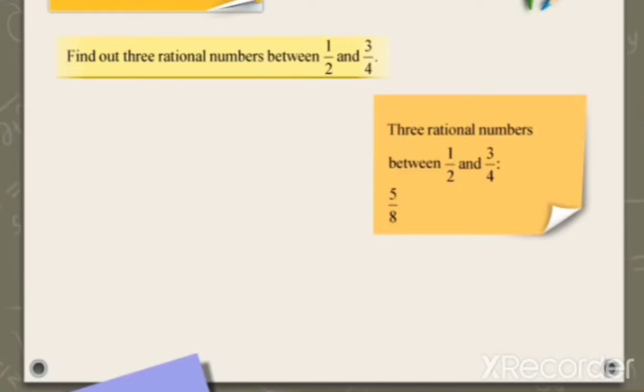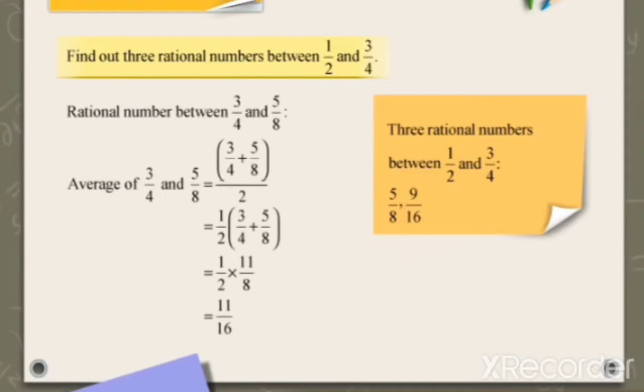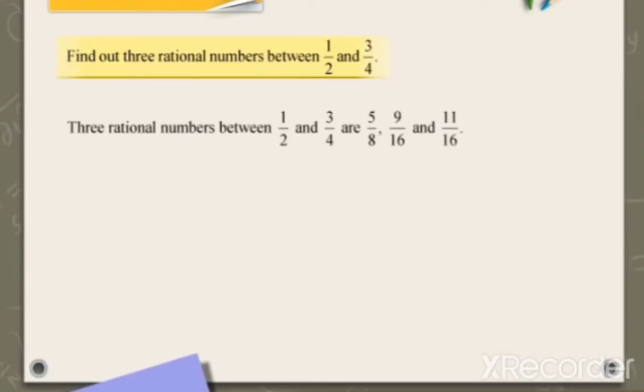So, the second rational number is 9 upon 16. Now, find out the average of 5 upon 8 and 3 upon 4 to get the third rational number. This is equal to 11 upon 16. Hence, we get the three rational numbers as 5 upon 8, 9 upon 16, and 11 upon 16.